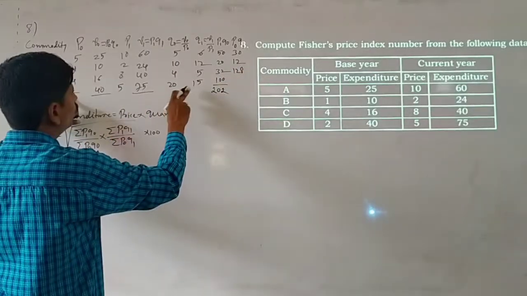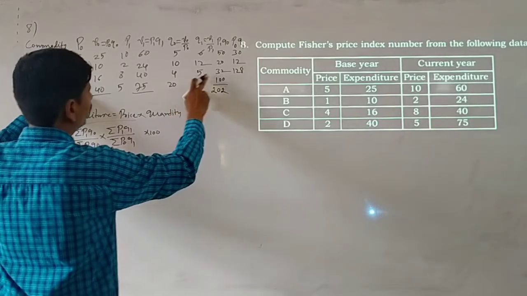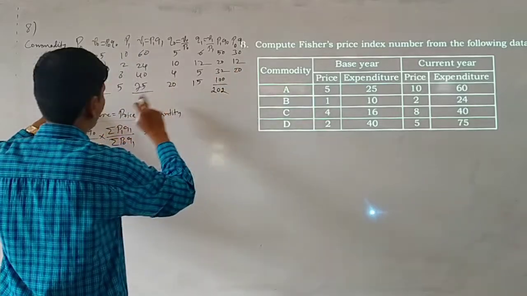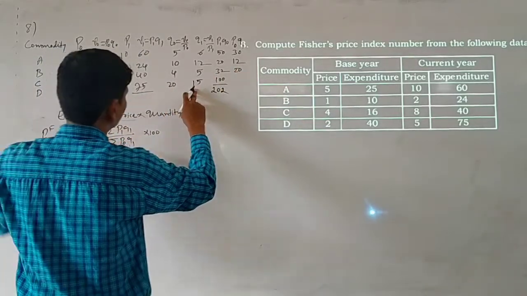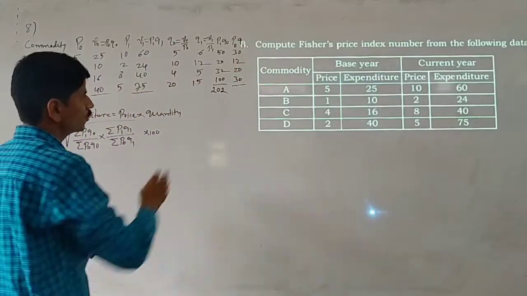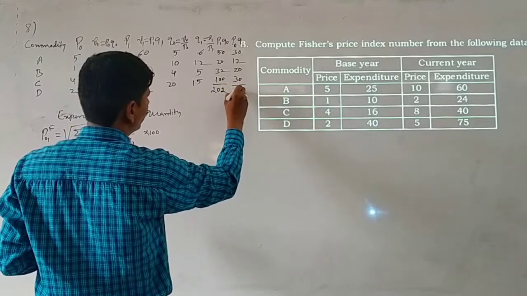The next 2 into 4 into 5 is 20, and 2 into 15 is 30. 30 plus 20 is 50, 50 plus 30 is 82, 82 plus 12 is 92.